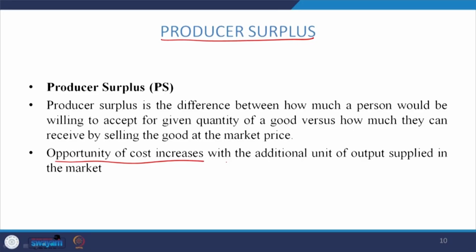Let me just briefly conclude what I have discussed in this topic so far. I explained two concepts, one is consumer surplus and the other is producer surplus. Producers also get surplus. When a producer supplies a particular product in the market, he will supply at a minimum price.